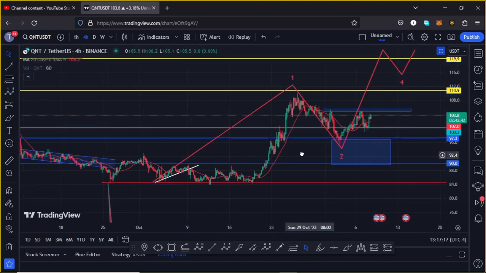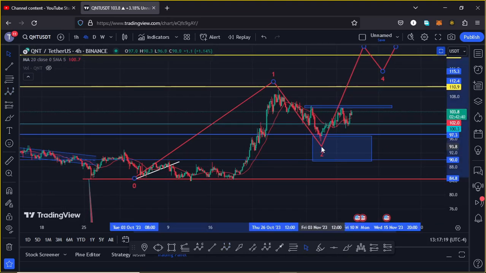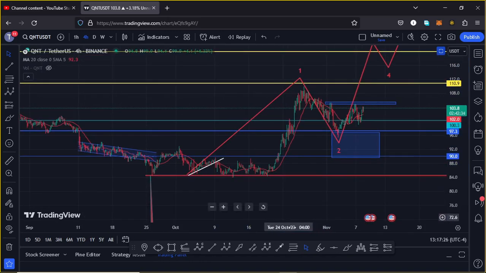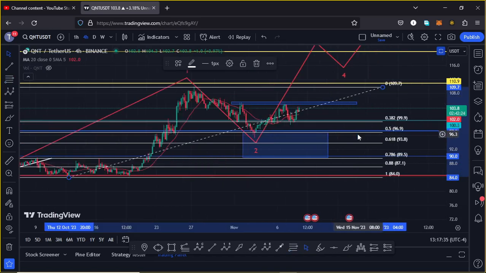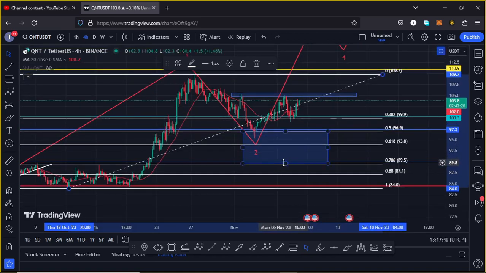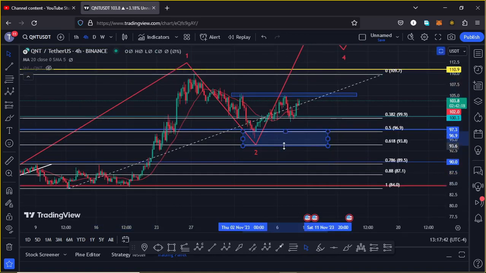The minimum target areas for the second wave have been highlighted on the charts using this blue target area, an area that I came up with by connecting the Fibonacci from the low of the first wave down there to the high above the $110 mark, giving me an area between the Fib level 0.5 and the Fib level 0.618, and the 0.786 as a maximum.